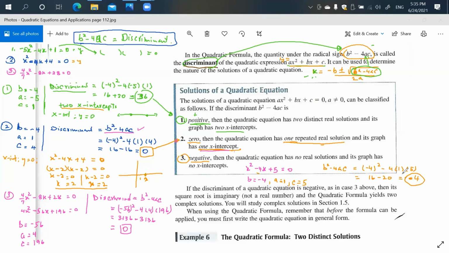What is the meaning of this? When you plot a graph, if the discriminant comes up a negative number, that means no x-intercept. No matter how you plot the graph, the parabola is going to be above the x-axis. They won't make an x-intercept.